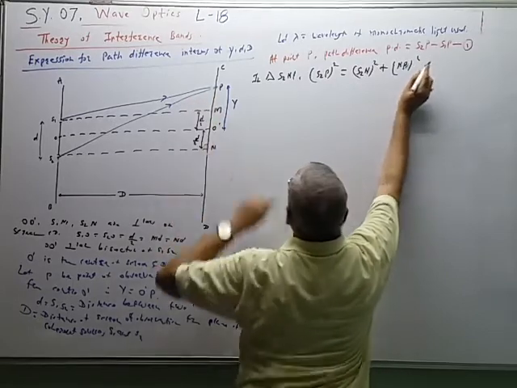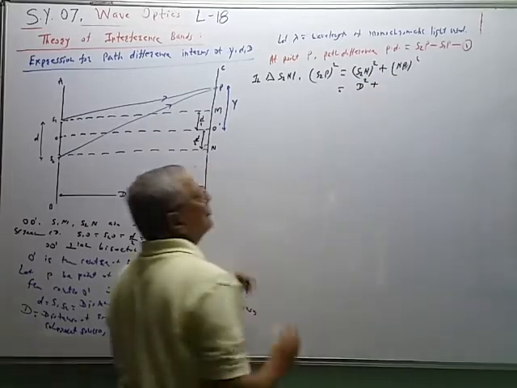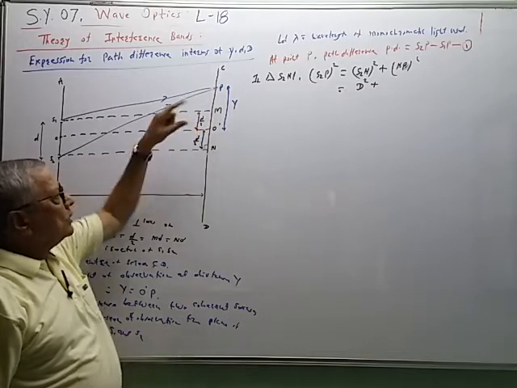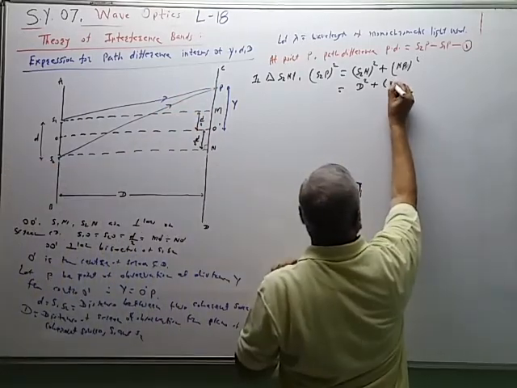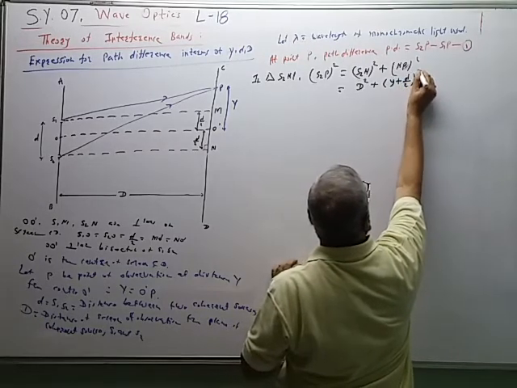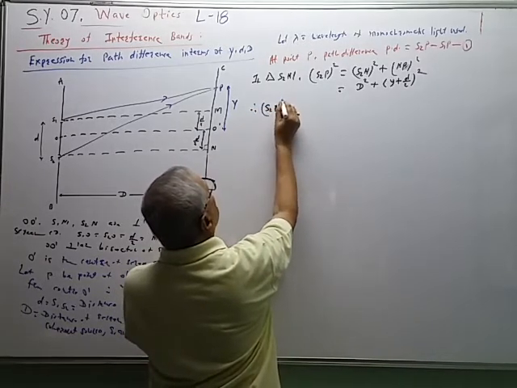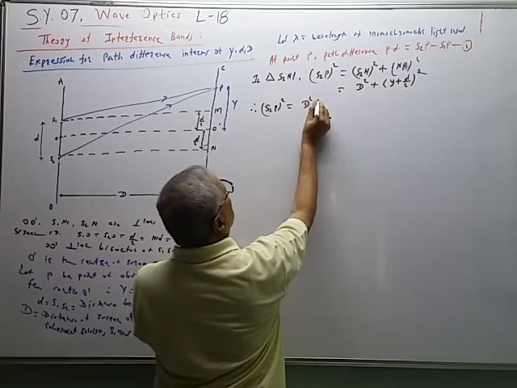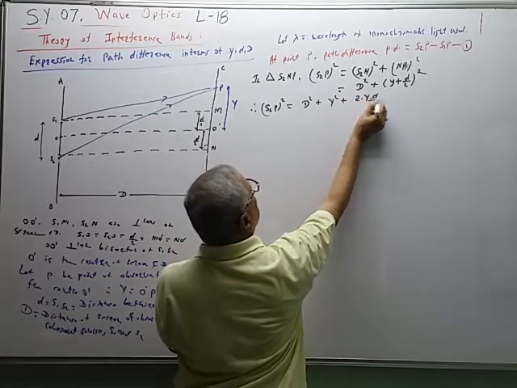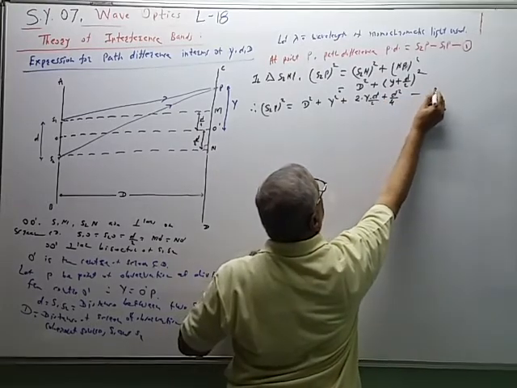S2N is D, so D square. Now what is NP? NP is equal to OP plus ON', so this is equal to y plus d by 2 whole bracket square. Therefore S2P square is equal to D square plus y square plus 2 times y into d by 2 plus d square by 4. This is equation 2.